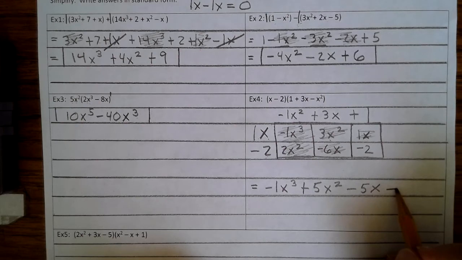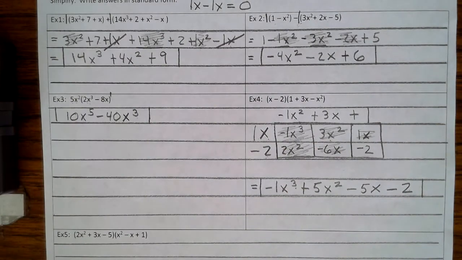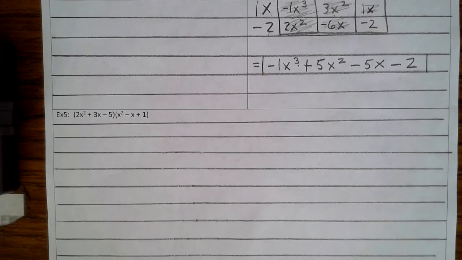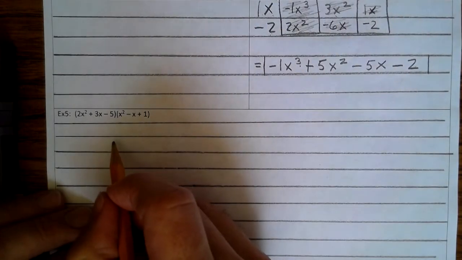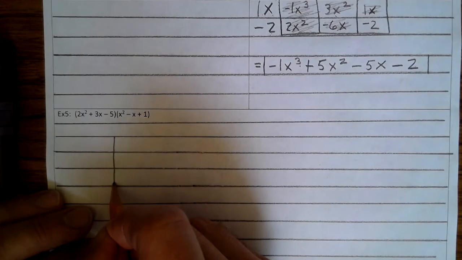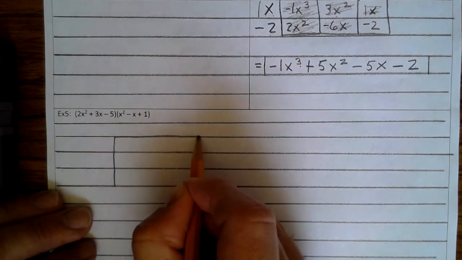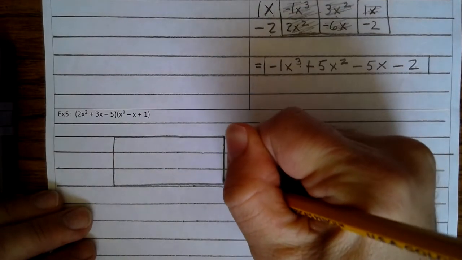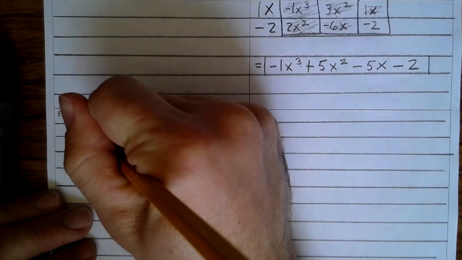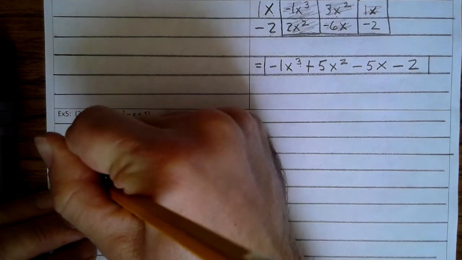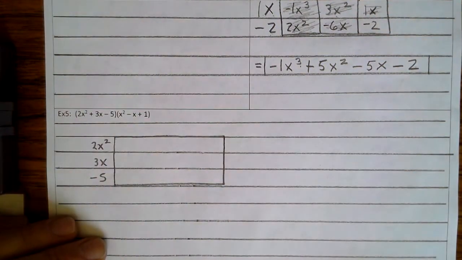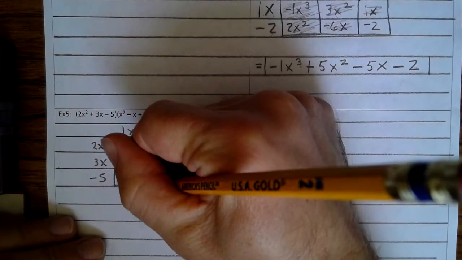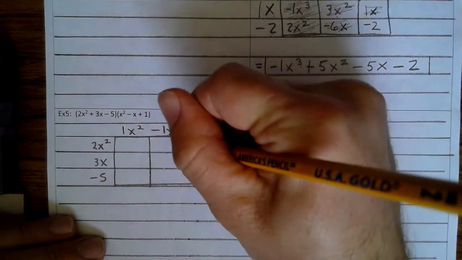Okay. All right, now let's take a look at example 5. Okay, same thing. We're going to draw a box. Be a bigger box because we have 3 terms in each. So 2x squared, 3x, negative 5, 1x squared, minus 1x, plus 1.